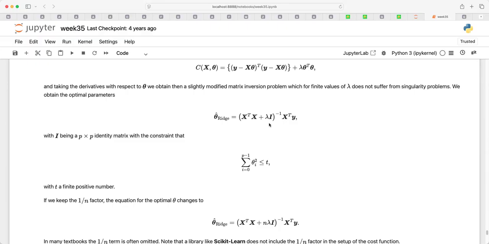We can go quietly to bed, relax, because now we have a matrix which can be inverted. The problem is that this lambda, the value of it, can actually make some of the parameters disappear. So it's actually a way also to tune away parameters of a polynomial expansion, for instance, which are less important.